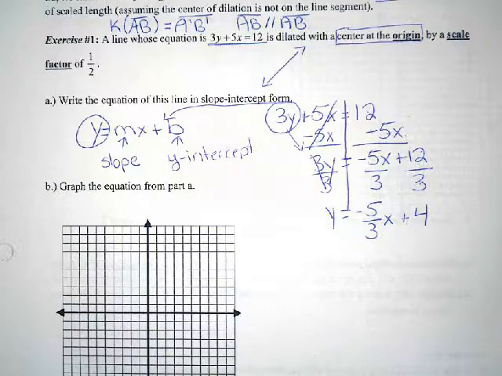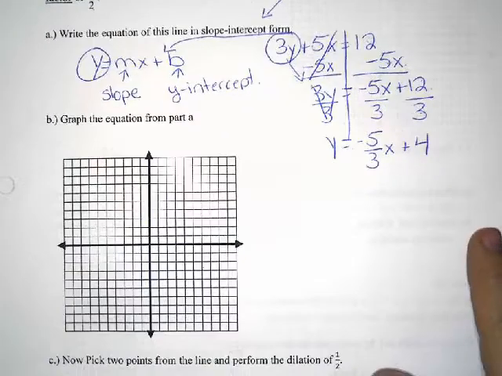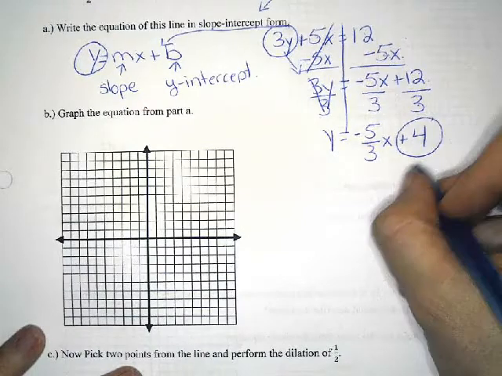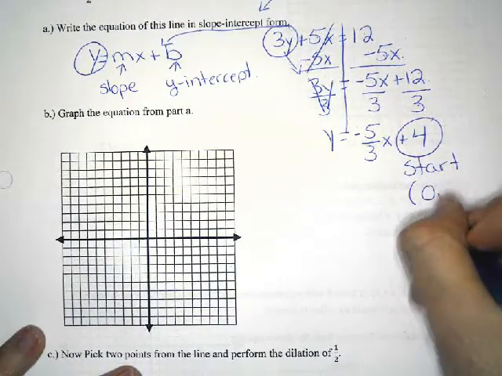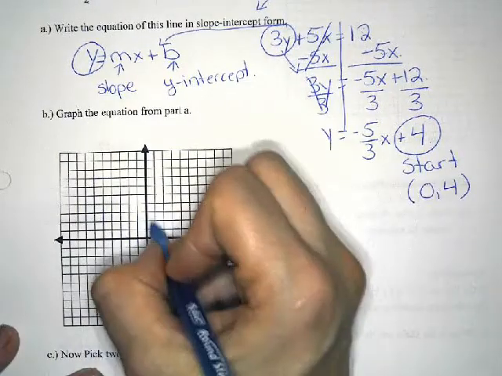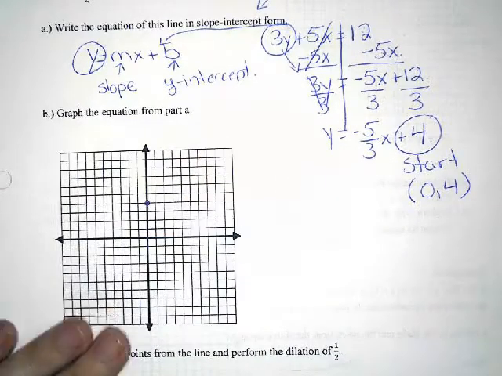Okay. So now if you remember how to graph without the graphing calculator, the positive 4 represents my start point of 0, 4, because it's the y-intercept. So I'm going to start there. I'm going to plot this on 0, 4. There's my start point.